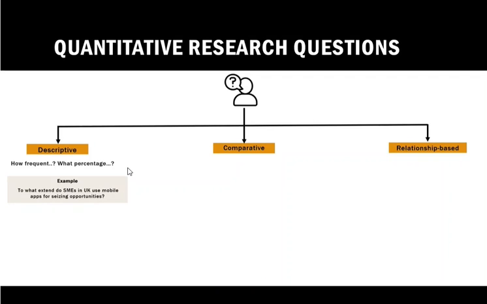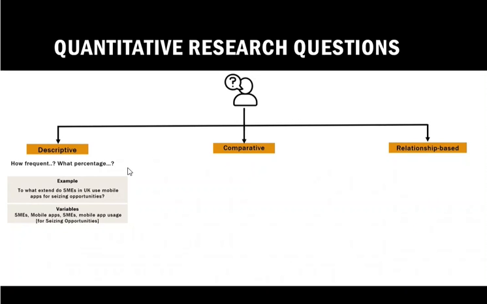And for example, you could want to ask the question, to what extent do SMEs in the UK use mobile apps for seizing opportunity? And in that, you identify variables. So what are the variables you have here? SMEs, mobile app usage, which again is you're looking at it from usage for seizing opportunities.